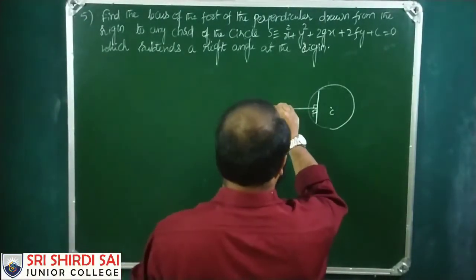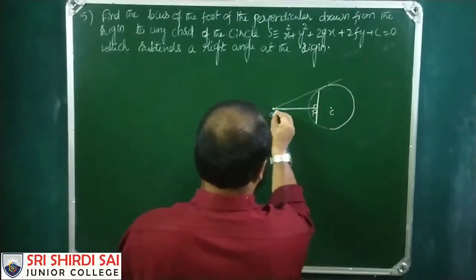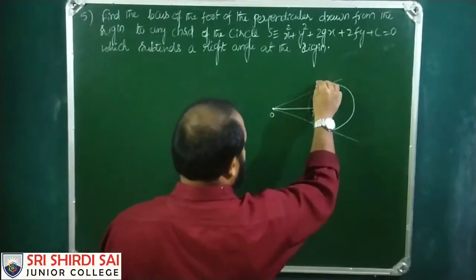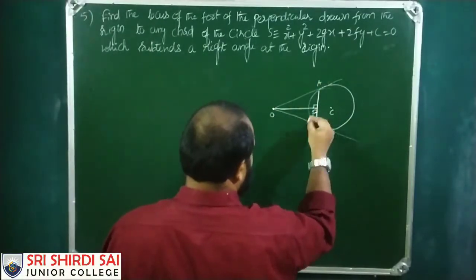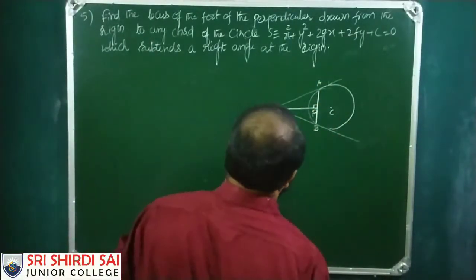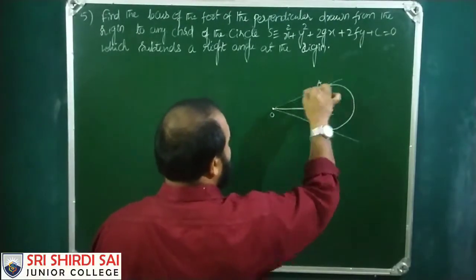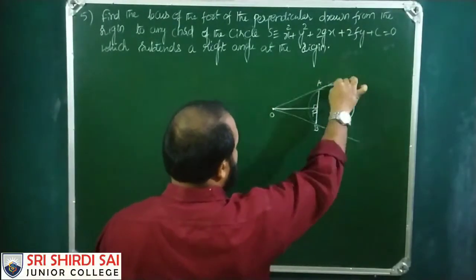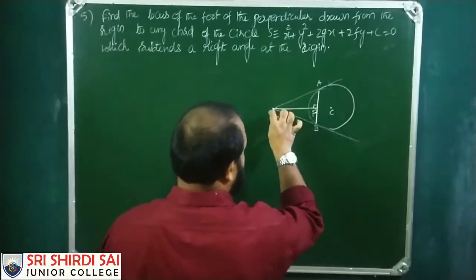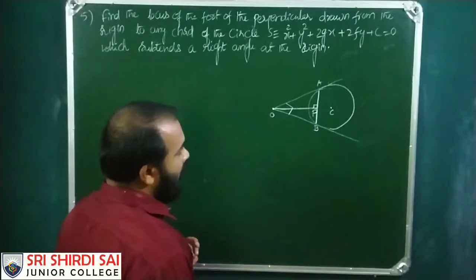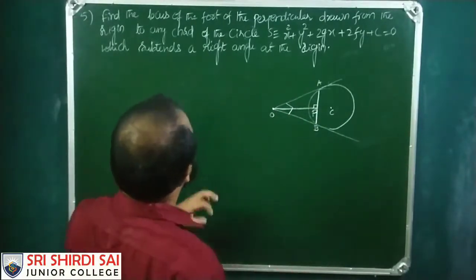So let us suppose that AB is the chord. So OA and OB are a pair of lines passing through the origin, and these are at 90 degrees, it is given.